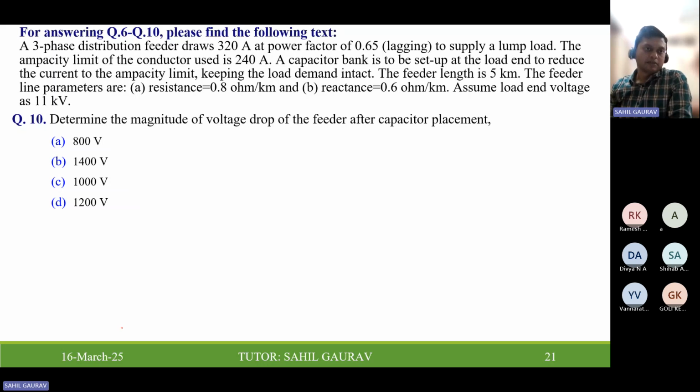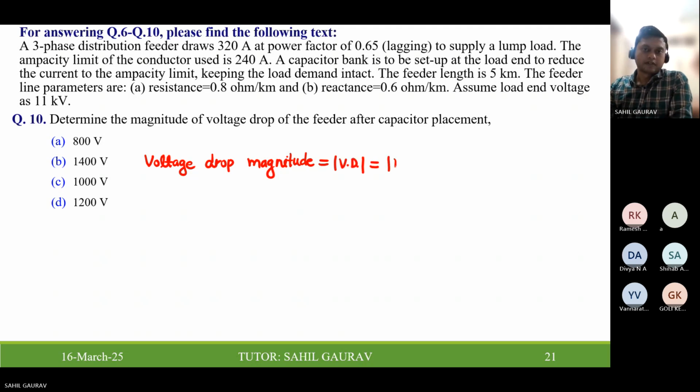So let us see the last problem, question number 10. Determine the magnitude of voltage drop of feeder after capacitor placement. So voltage drop magnitude is I Z. It is asking about the capacitor placement.